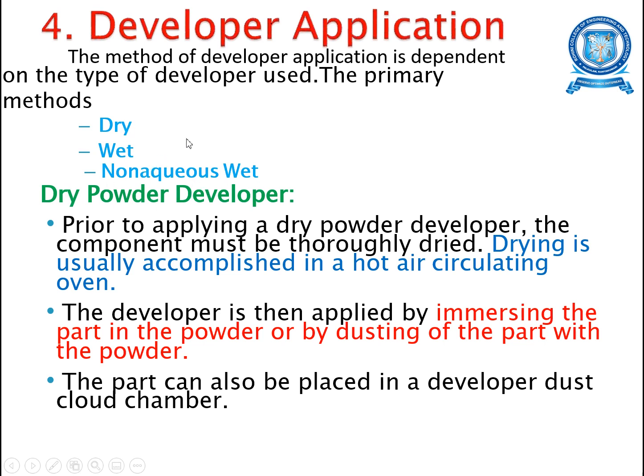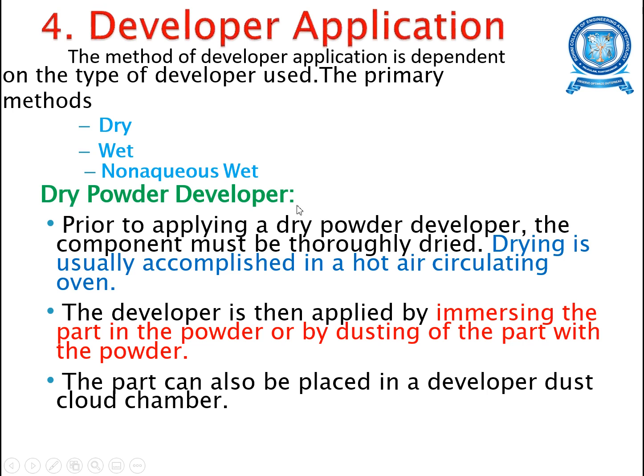In developer application, you're applying developer on the test specimen once the penetrant has been applied. So the developer will draw out the penetrant from inside the test specimen, and thus the defects can be identified by visual inspection.